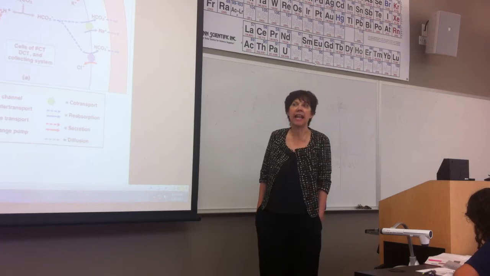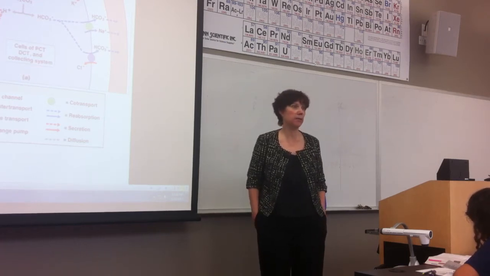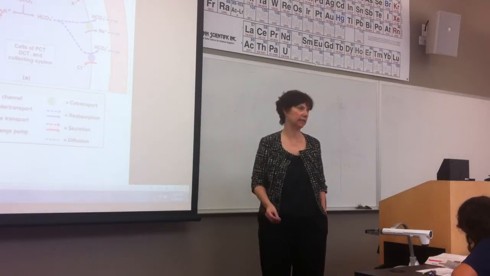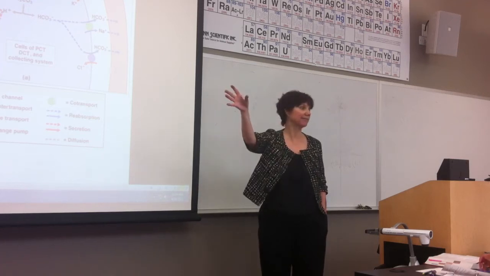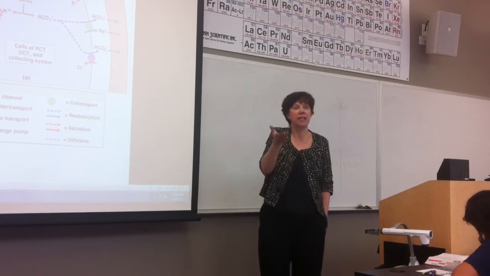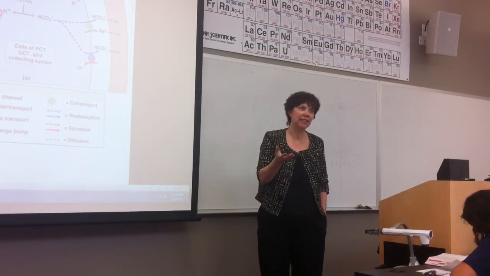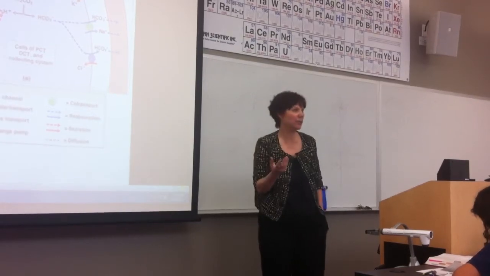So if the body is in acidosis, whether it's respiratory acidosis or metabolic acidosis, this will take effect. If the body is in alkalosis, this stops. We keep the hydrogen ions because we need them to lower a pH that's too high, and we don't take back bicarbonate ions because we already have too many.